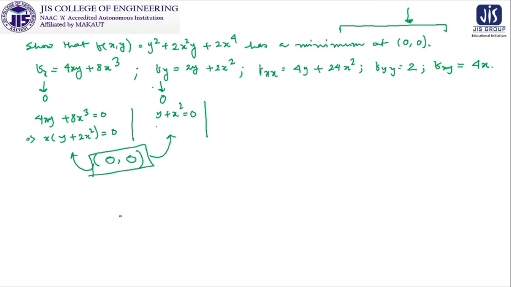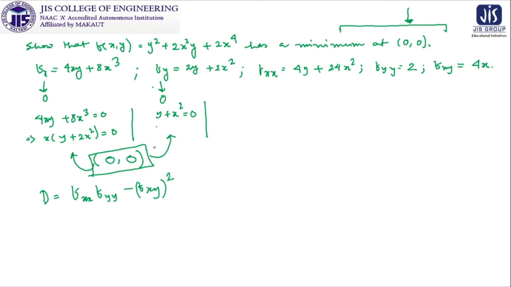Now in the first step we have claimed and established our claim that 0 0 is going to be the extreme value of this function. Now we need the value of D in this case. D means fxx into fyy minus f of xy whole square, obviously at 0 0.